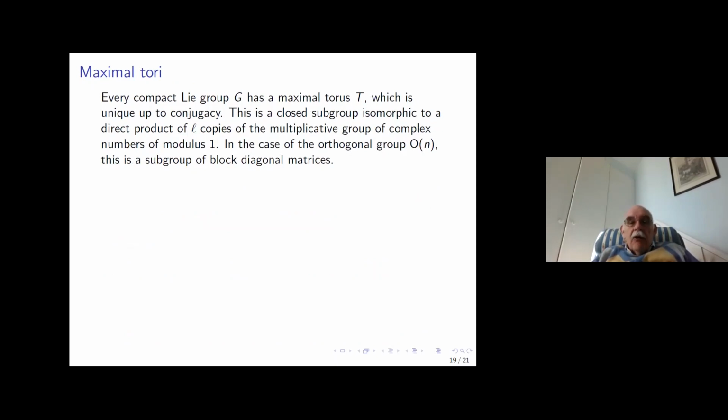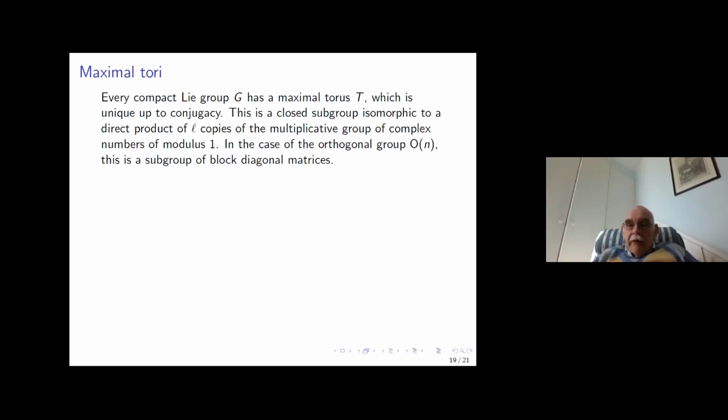So every compact group has got a maximal torus, which is essentially unique. A maximal torus is a closed subgroup that is isomorphic to a direct product of a certain number of copies of the multiplicative group of complex numbers of modulus 1.